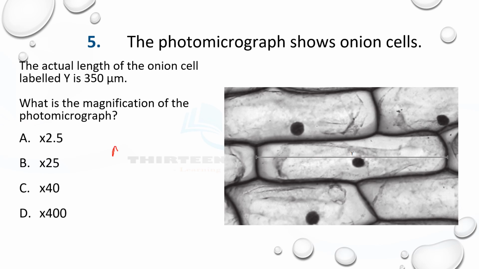So magnification is image height over actual size. We get the image height by measuring the photomicrograph from this point to this point, using your ruler on the hard copy.